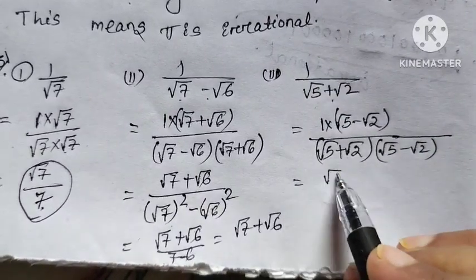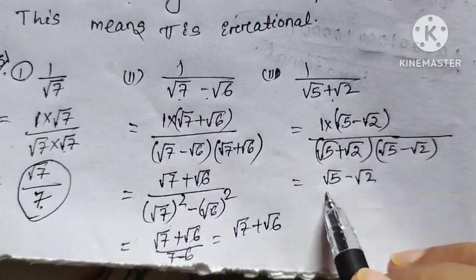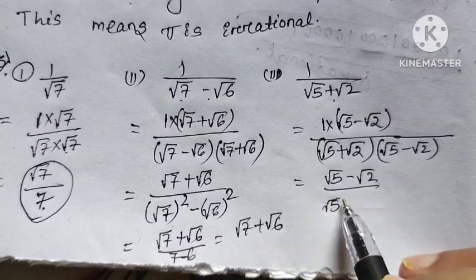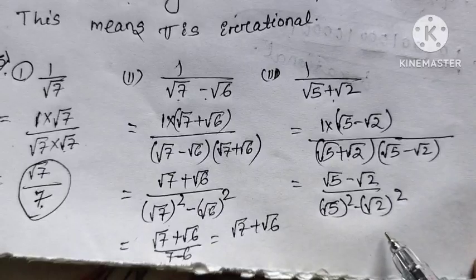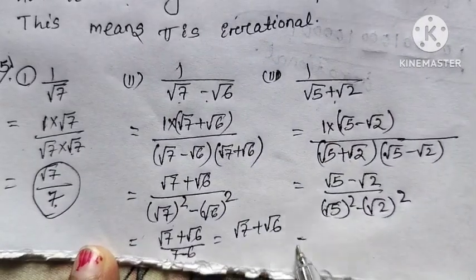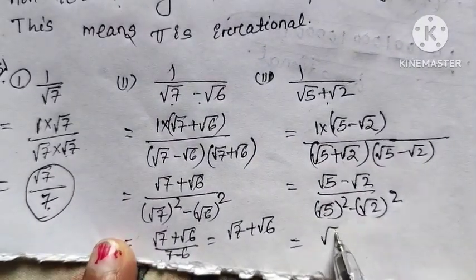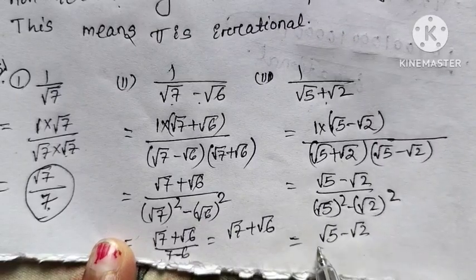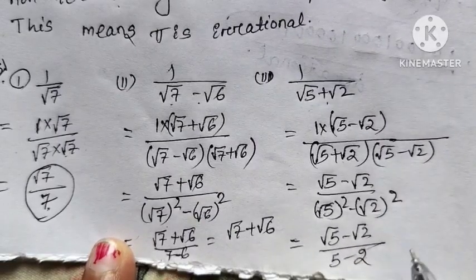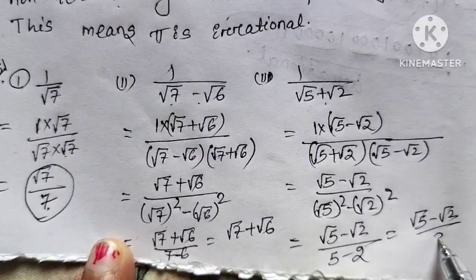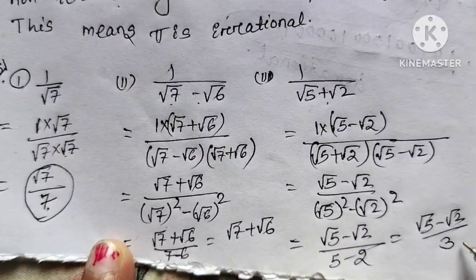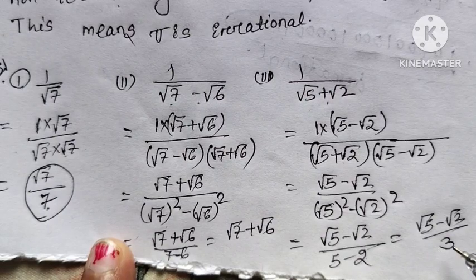This is equal to root 5 minus root 2 divided by root 5 square minus root 2 square, which is root 5 minus root 2 divided by 5 minus 2. Then the answer is what? Root 5 minus root 2 divided by 3. Now the denominator is rationalized.